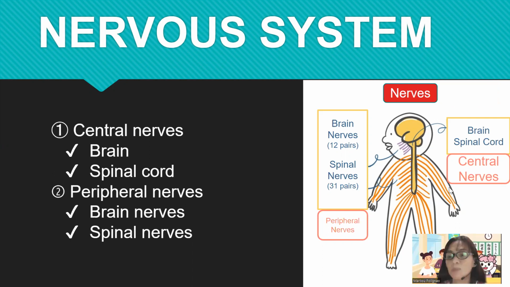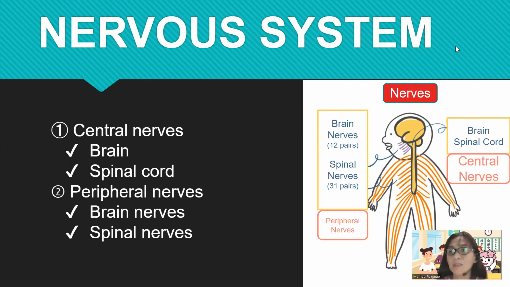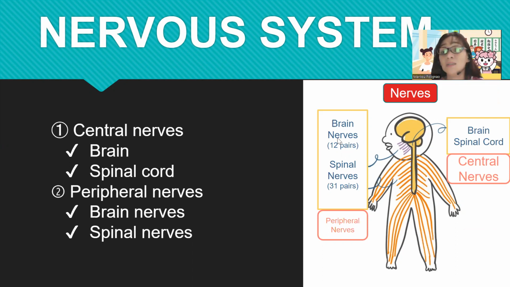So, pagdating po sa spinal nerves, magkakaroon tayo ng brain nerves or ang mga brain spinal cord po natin ay may kanya-kanyang kumbaga parts. So, ang brain nerves po natin bumubuo ng 12 pairs. Ang spinal nerves po ay 31 pairs. So, yan po yung peripheral nerves. Yung central nerves po natin ay yung brain or spinal cord.